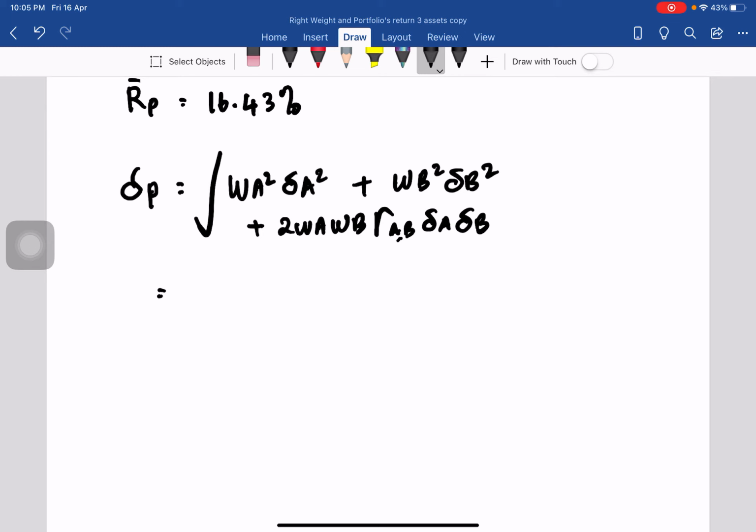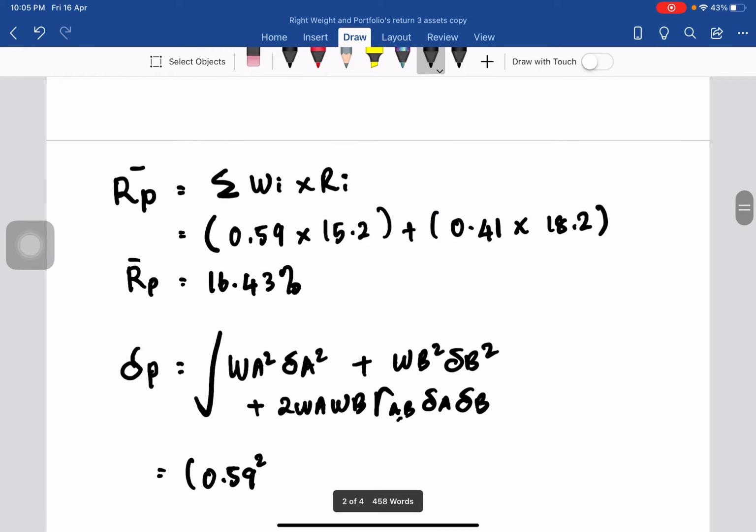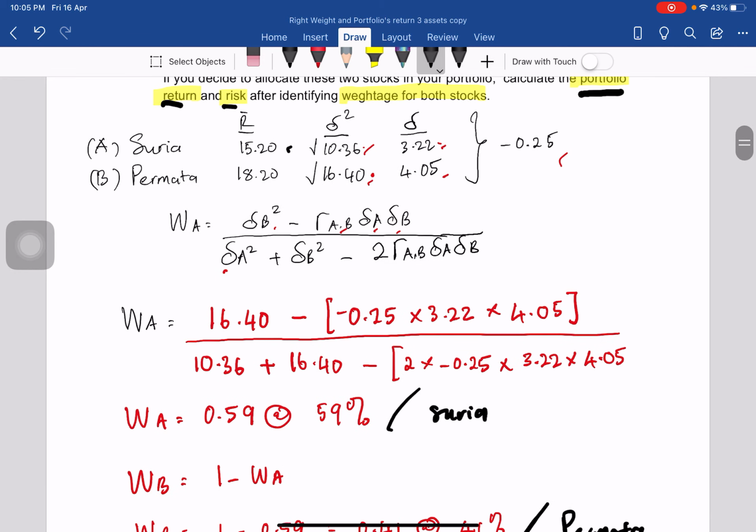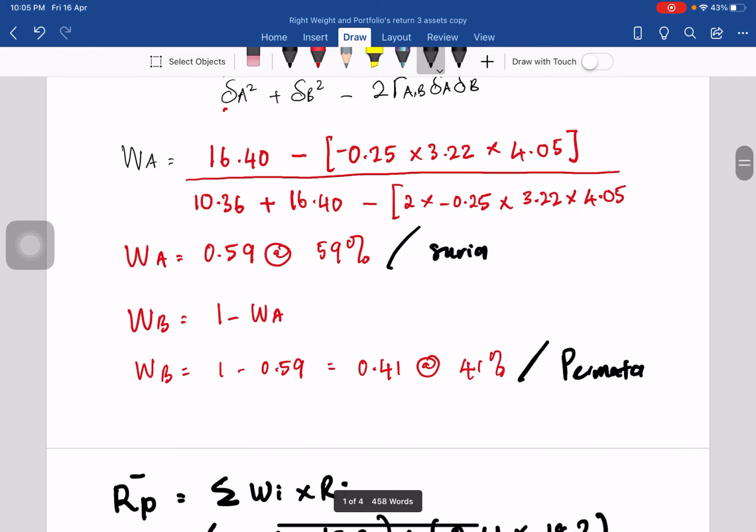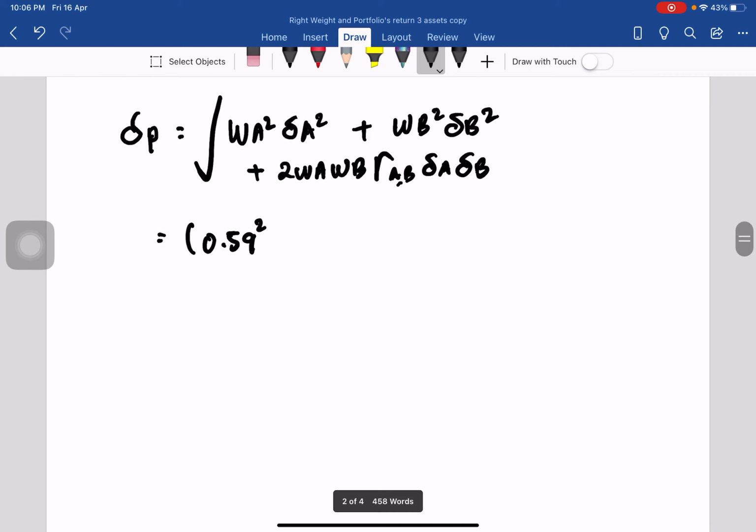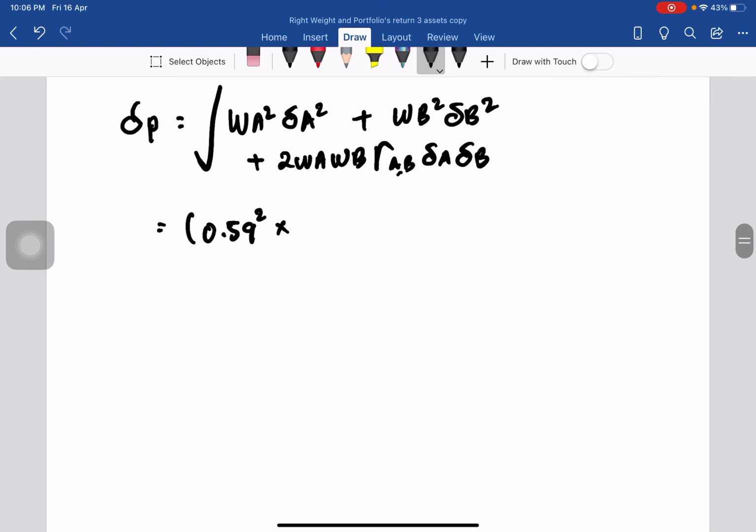So weight A again, 0.59 squared times variance A. The variance A was already given to us earlier, so we can just take it straight away, which is the variance A of Suria, 10.36. Plus weight B 0.41 squared times variance B, variance B given 16.40.